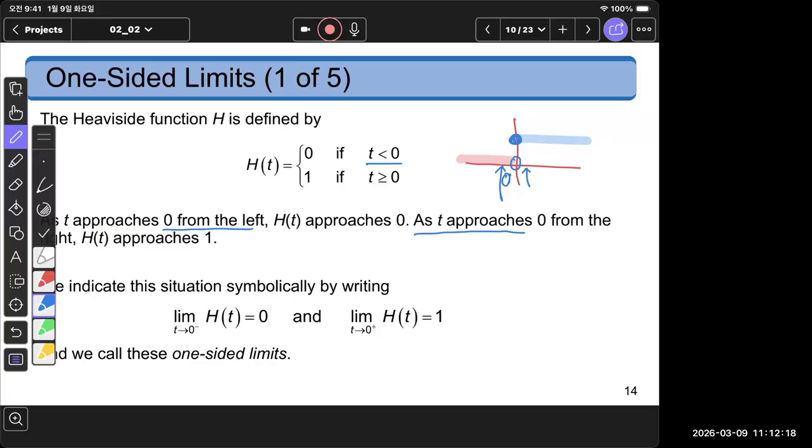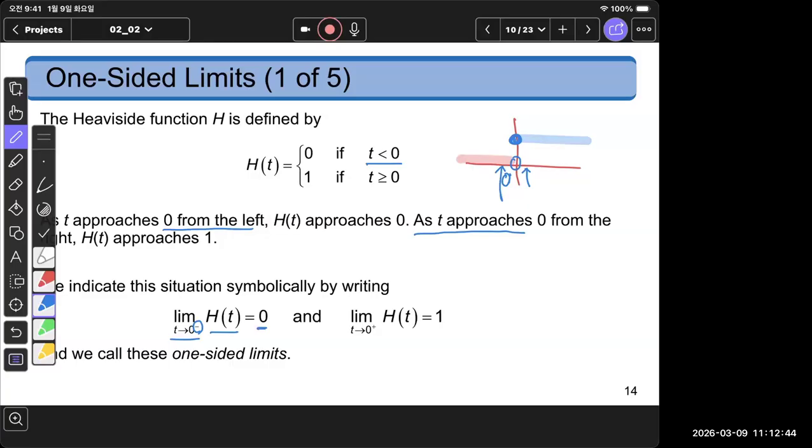So depending on the side, we have different limits, and we use the following symbols to describe this. When t approaches 0 from the left, which is described by this minus sign, the function value is approaching 0.